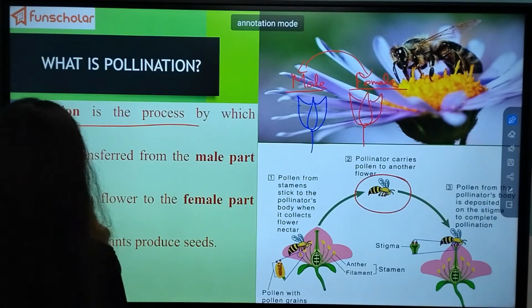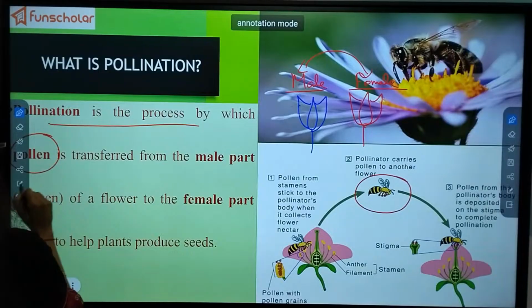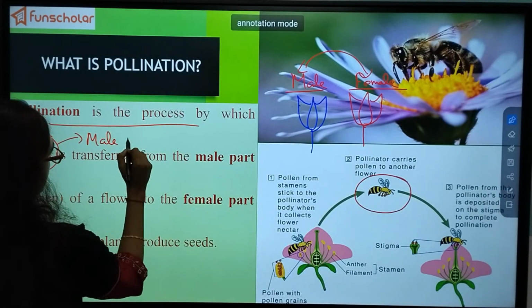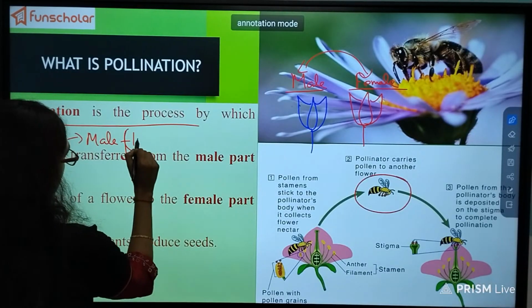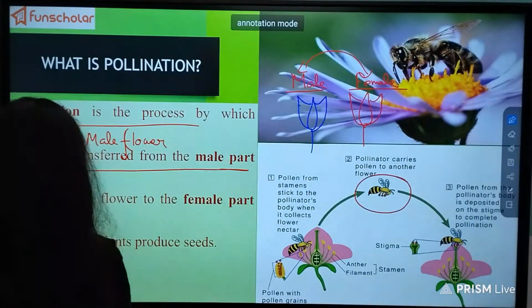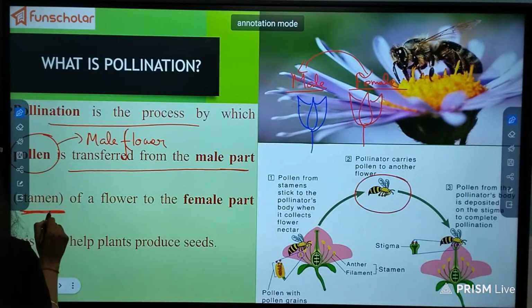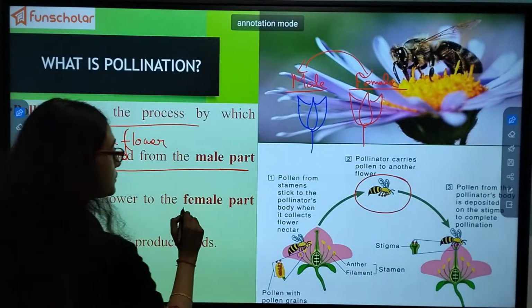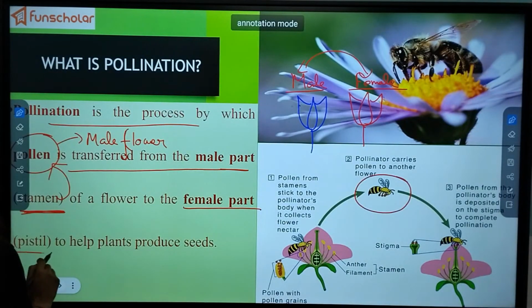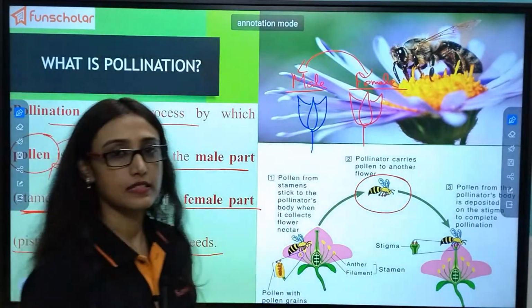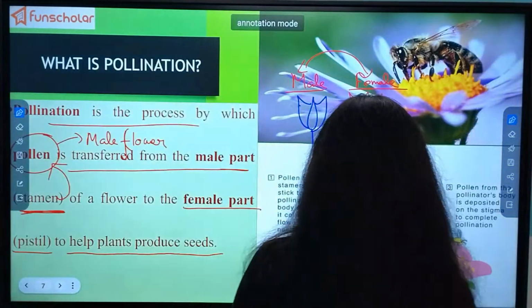Pollination is the process by which pollen from the male flower is transferred from the male part, or stamen, which forms pollen grains, to the female part, that is the pistil, to help production of seeds. That is known as pollination.